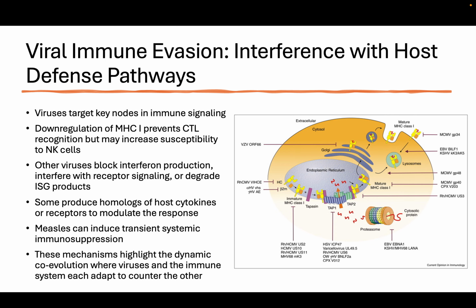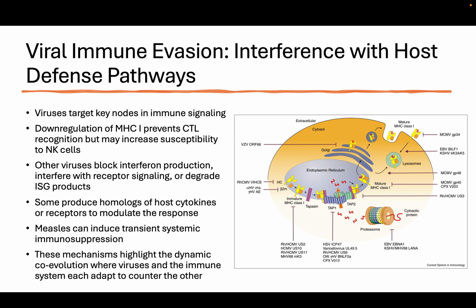So as we know as well, of course, what also happens with viral immune evasion is that we have a lot of viruses that stop this MHC1 upregulation. So they stop antigen presentation completely. However, if they do that, we know that NK cells can come in and kill. But as we know, we have a lot of viruses that can stop interferon production.